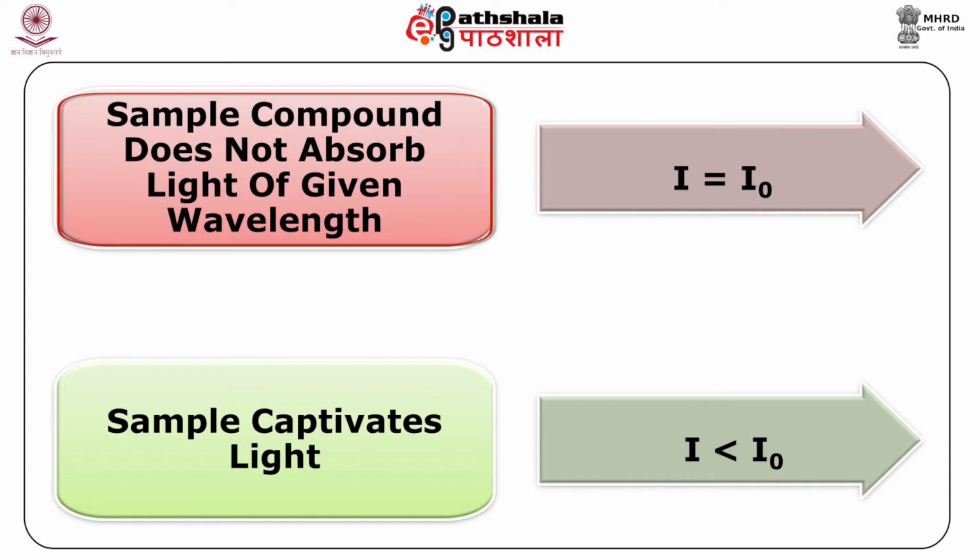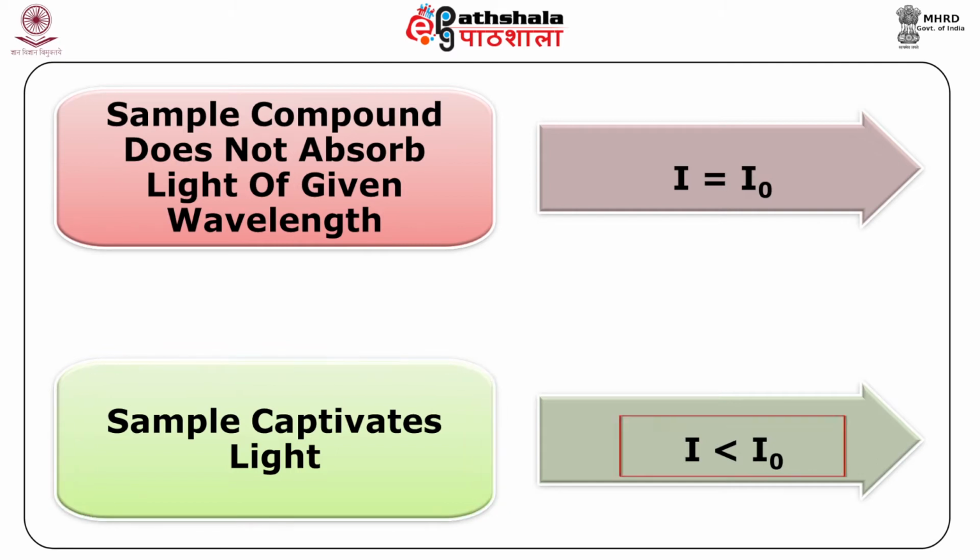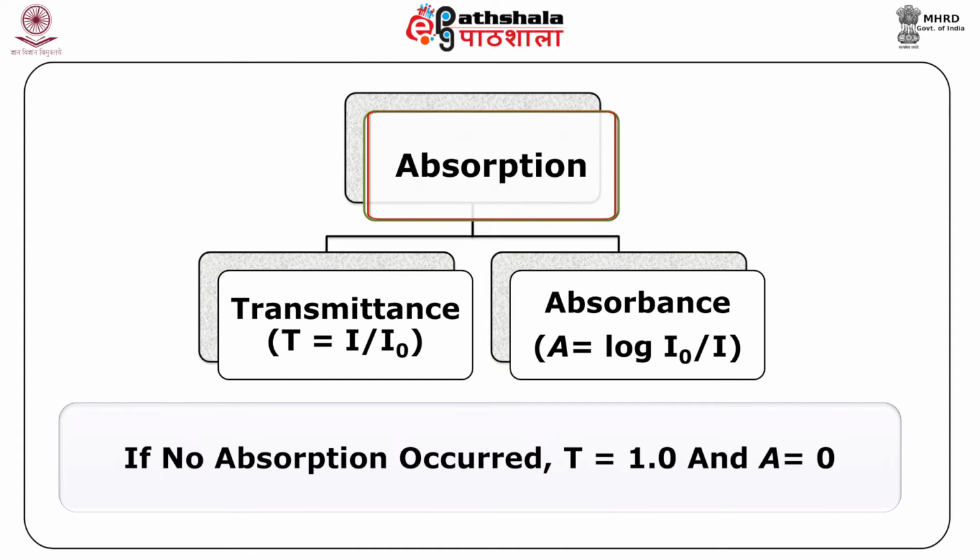If the sample compound does not absorb light of a given wavelength, then I is equal to I naught. On the other hand, if the sample absorbs light, then I is less than I naught, and this difference may be plotted on a graph. Absorption may be presented as transmittance or absorbance.